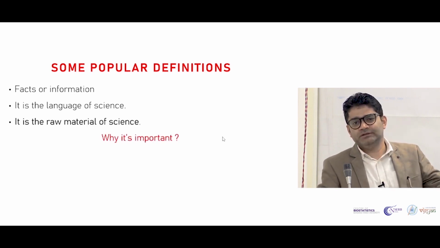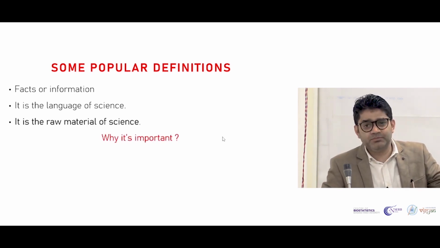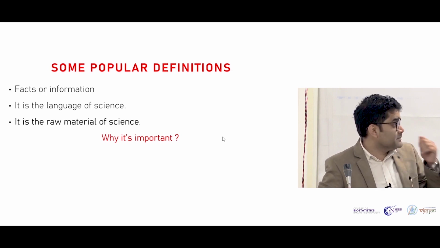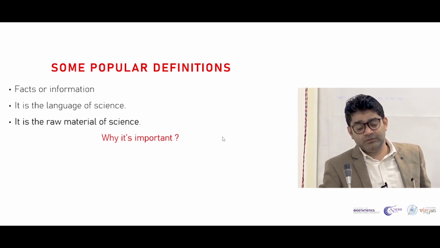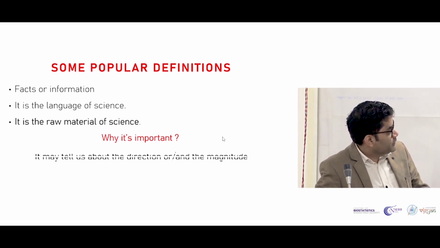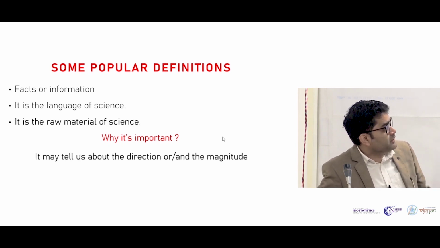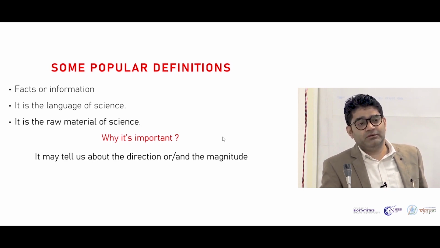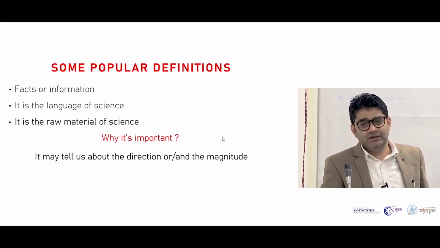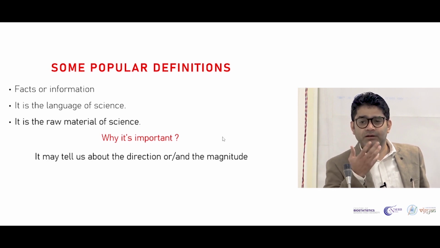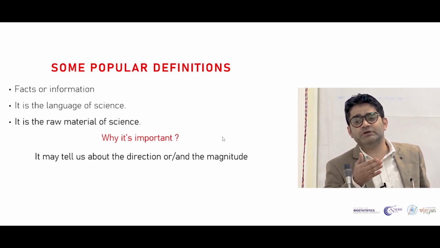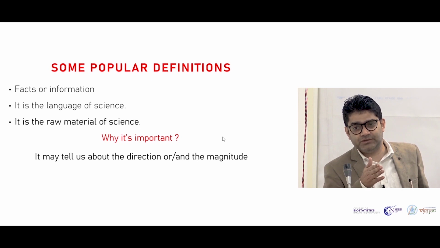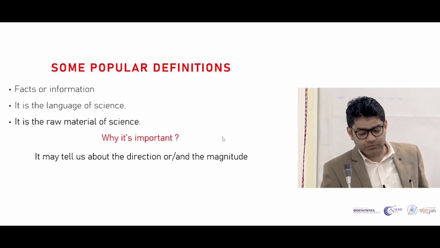Why is data important? Because it addresses a very, very important question. It may tell us about the direction or the magnitude of the problem at our hand or the outcome of our interest. Where the data is tending, the problem is going in which direction, or what is the magnitude.